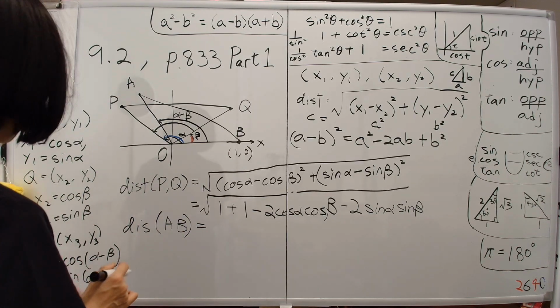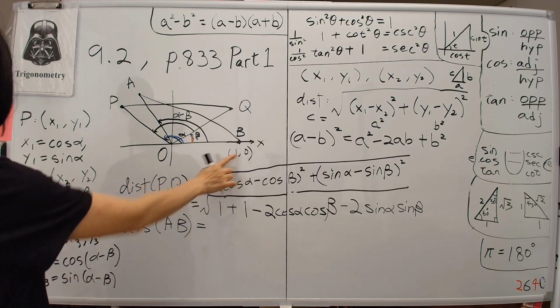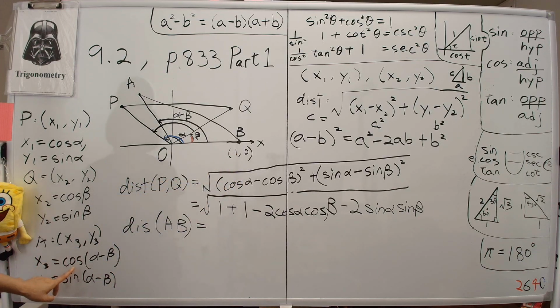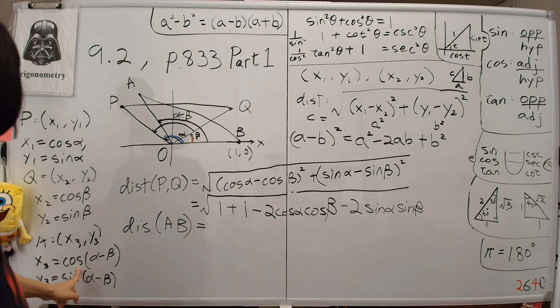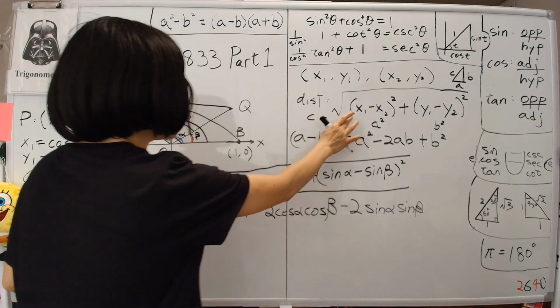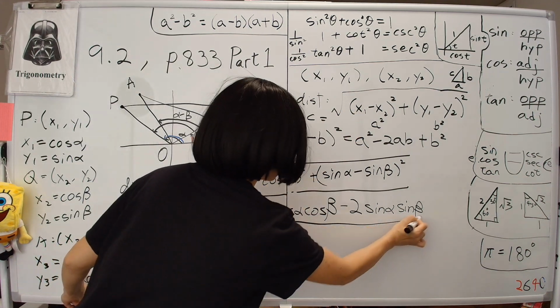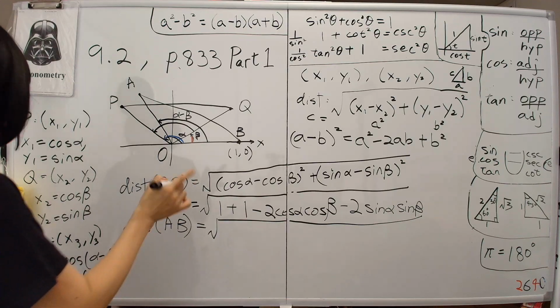Now, in the meantime, let's calculate AB, where B is 1, 0 and A is this thing right here. Following the same distance formula, we draw this big long radical sign.